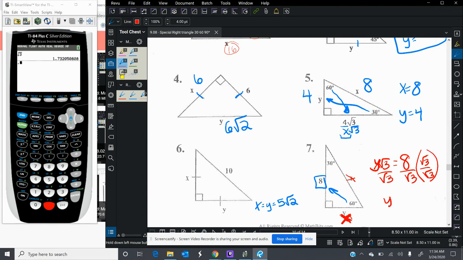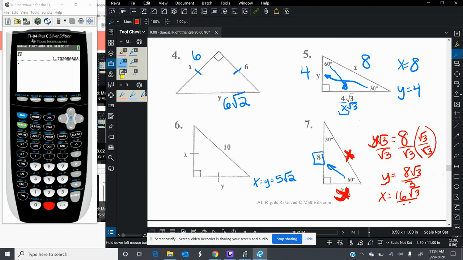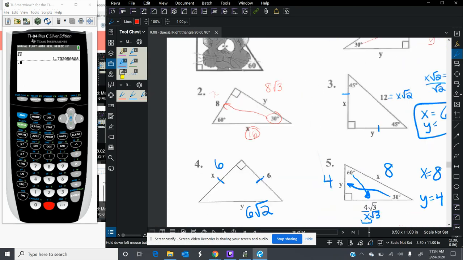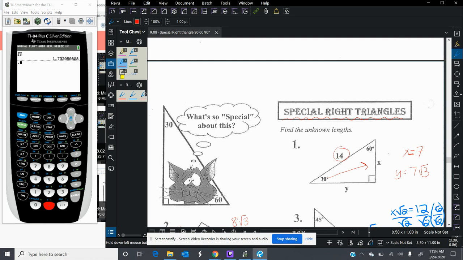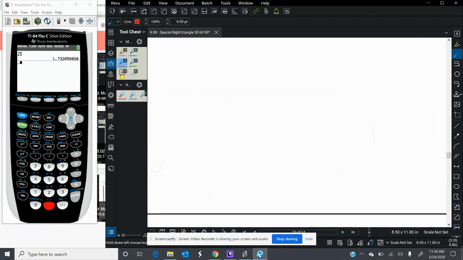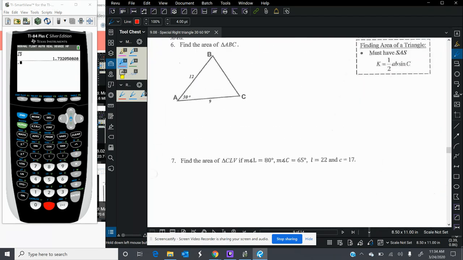So here, y in our case equals 8 radical 3 over 3. And the hypotenuse is twice that measure. So value x, which is our hypotenuse here, would be 16 square roots of 3 over 3. So those are a few quick examples to practice your special right triangles, and I'll describe our homework in a minute.